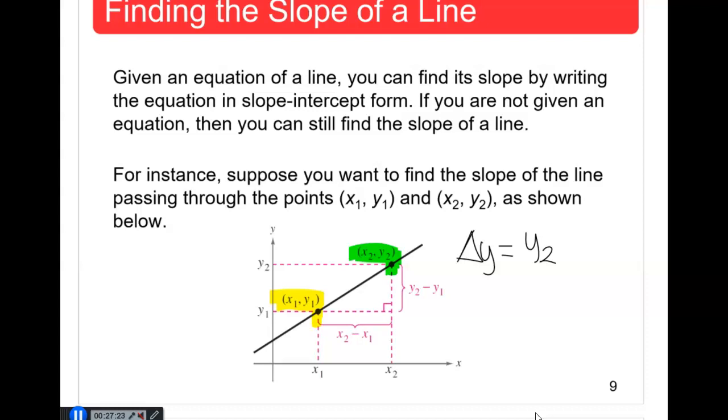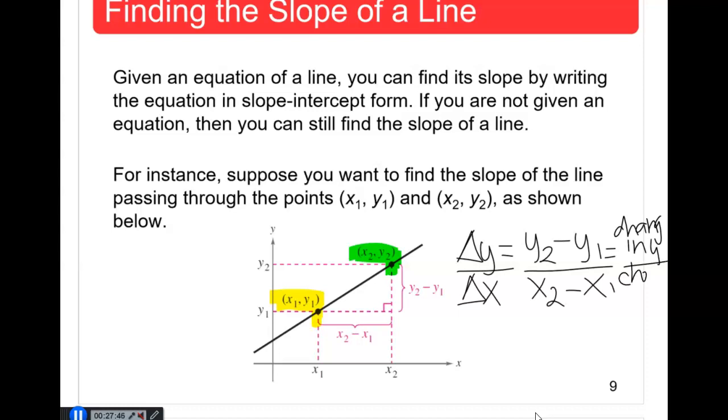And so that will be a subtraction like that. And if we have to calculate the change in x, we will use the difference between the x values, so x sub 2 minus x sub 1. So remember that this is the change in y divided by the change in x.